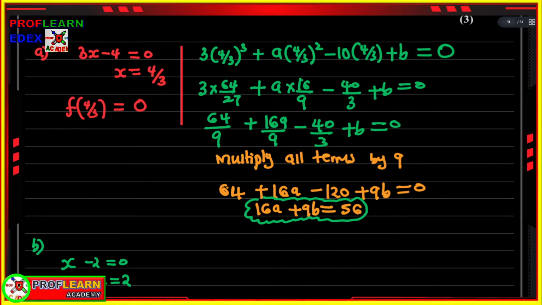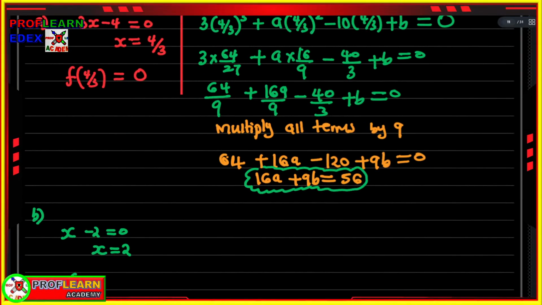And then anywhere I have x, I'm going to substitute 2 in the original function so that I can equate that to b. So we can say f of 2 is equal to the remainder b.